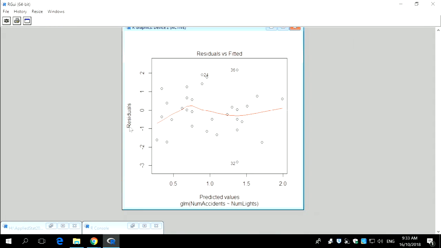Firstly, we have these residuals instead of the Pearson residuals, right? And secondly, it's actually a residuals versus fitted value plot. So what's the fitted value? The fitted value I have already mentioned is basically the estimated mean of the response in the log linear regression model. So it's actually something similar to the multiple linear regression model, but we haven't talked about it in the generalized linear model. But you can still do that in the generalized linear model. It's not a problem.